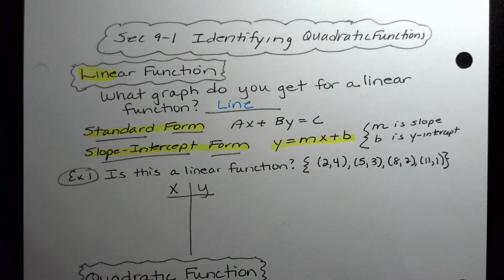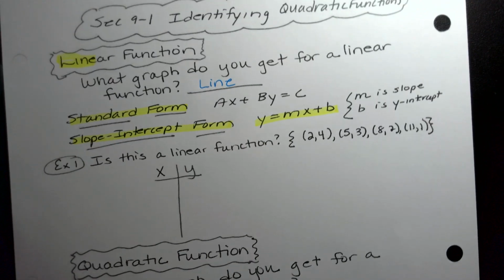We also talked about, so this is all review, how do you take a set of coordinates and figure out if they would make a linear function. Well, you can look to see if it's a function by simply making sure there's a one-to-one correspondence, right?